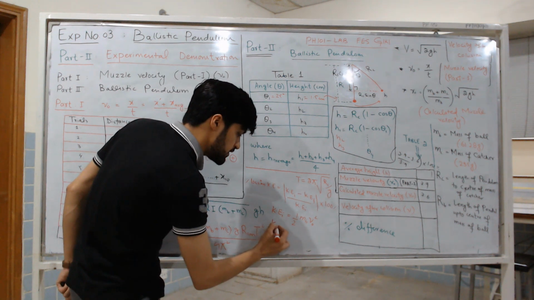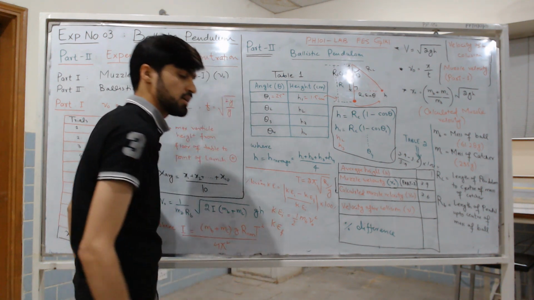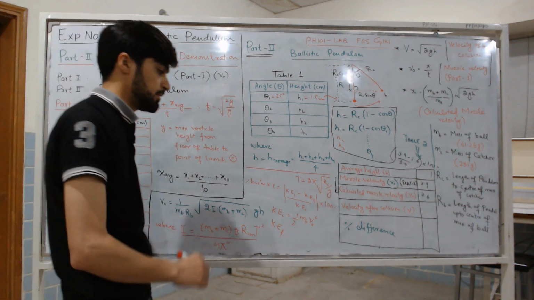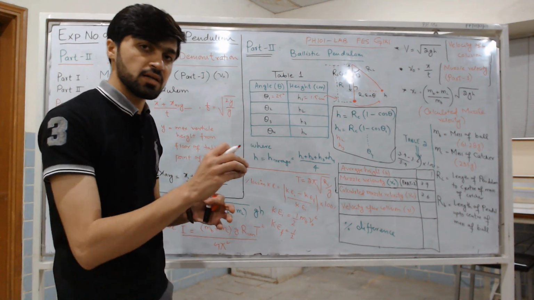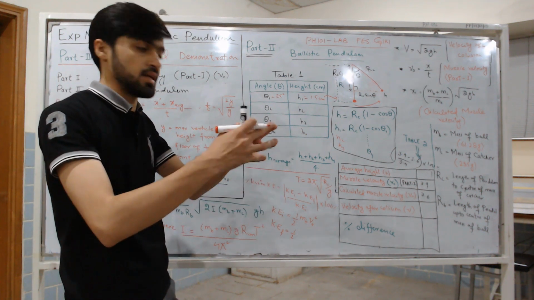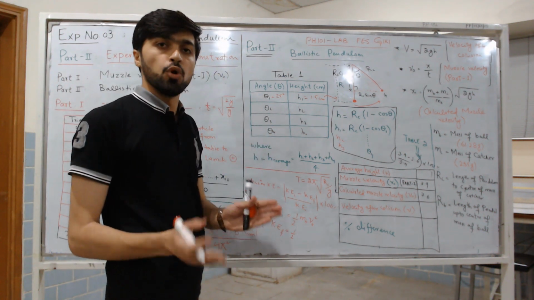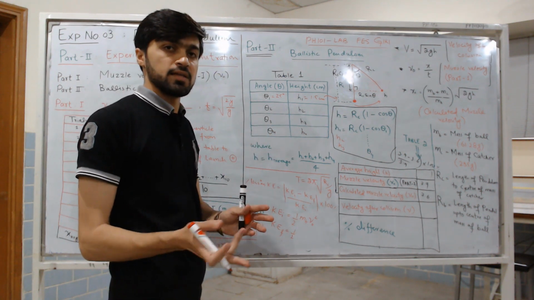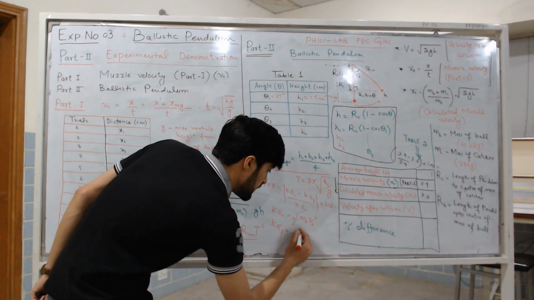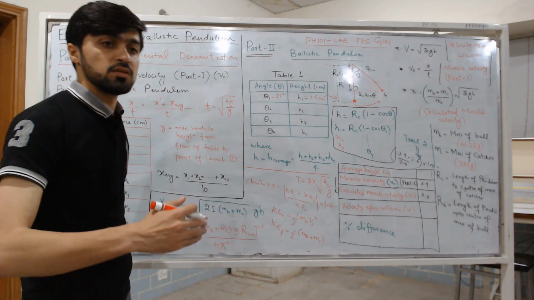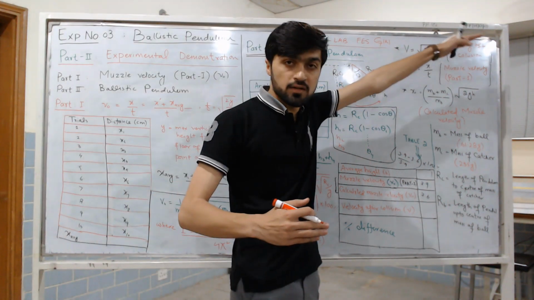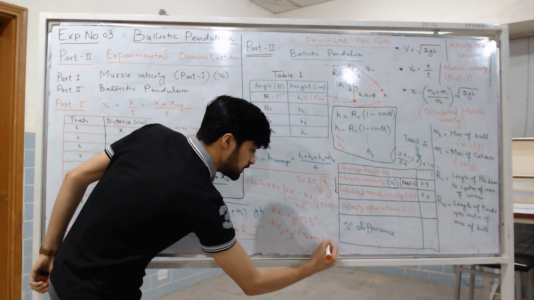Now the kinetic energy after the collision, which I am calling K.E. f in the subscript, is equal to half. After the collision, the ball is stuck inside the catcher and it's moving with the catcher. So we will take both the masses, the mass of the ball as well as the mass of the catcher. So we will get (m_b + m_c), and it's moving with v, the velocity after the collision, so we will put v here.